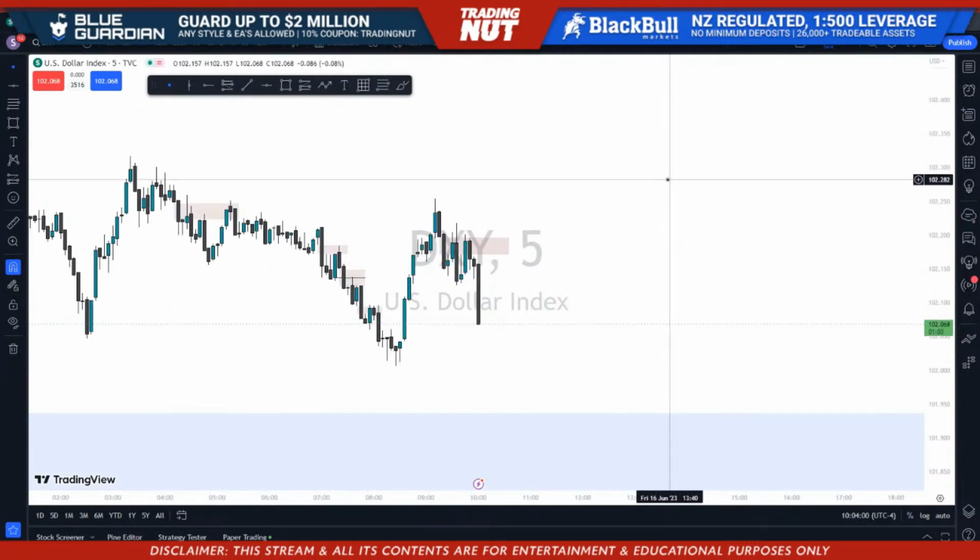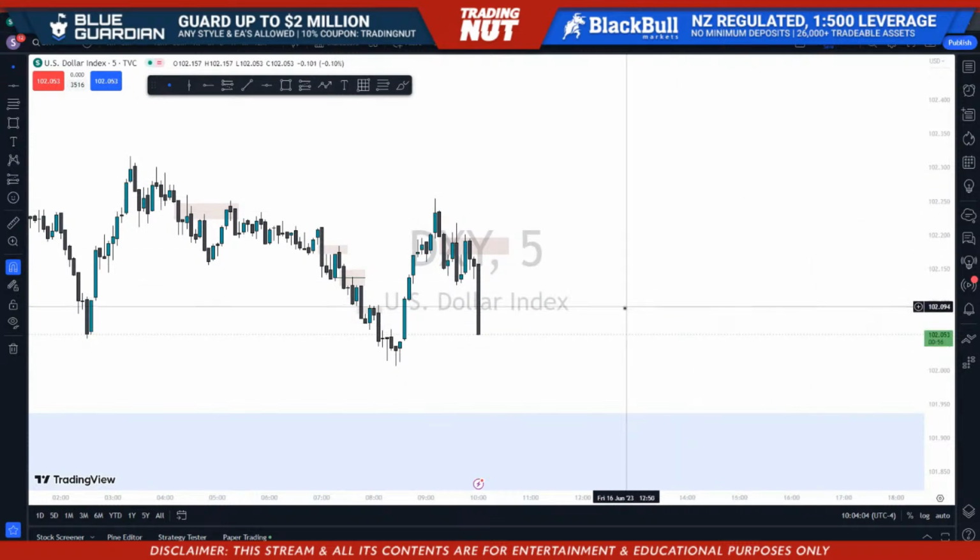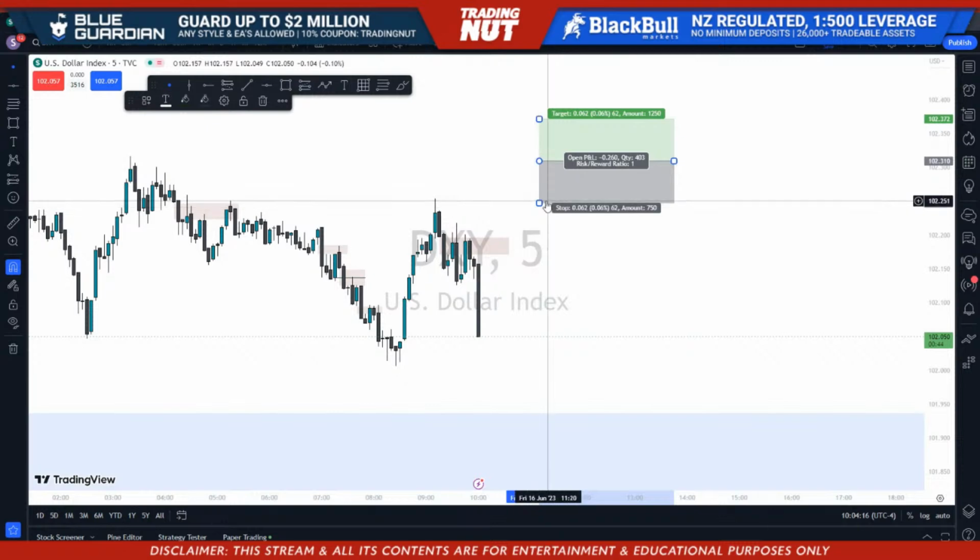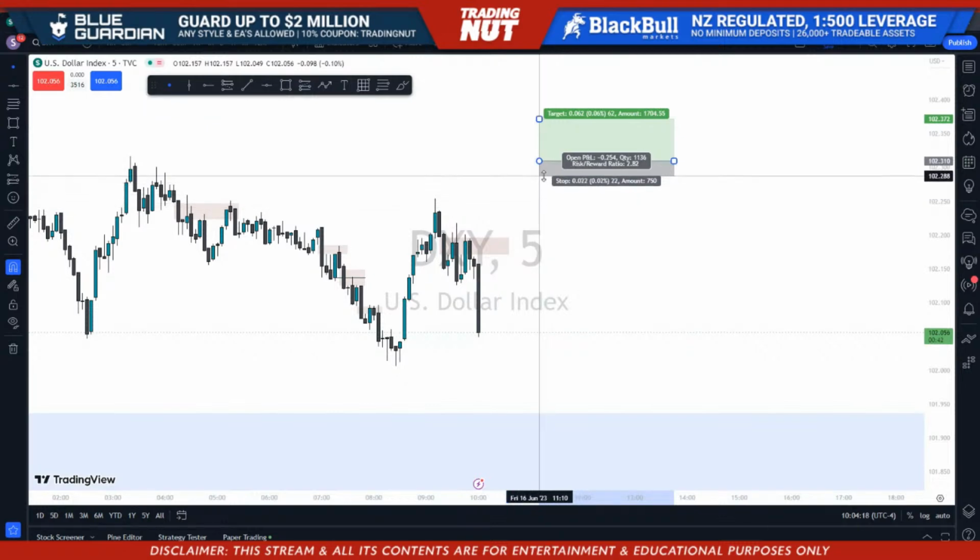What lot size do you use for a 100,000 account? There's not really a set lot size you should be using. It should depend on the trade. You should only risk 0.5%, depending on how big your stop loss is. For example, this could be like a 25 lot trade if my stop loss was here.